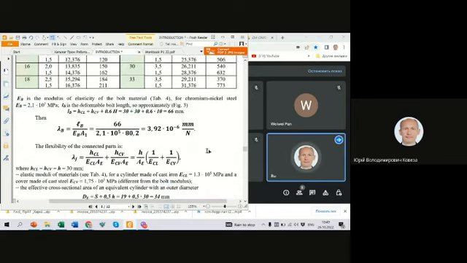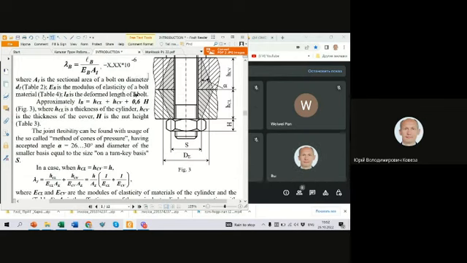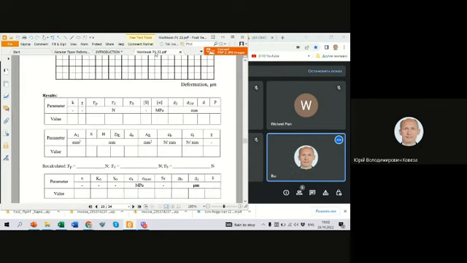For example, L bolt in my example is like this, and the result is something times 10 minus 6. Write your result here.